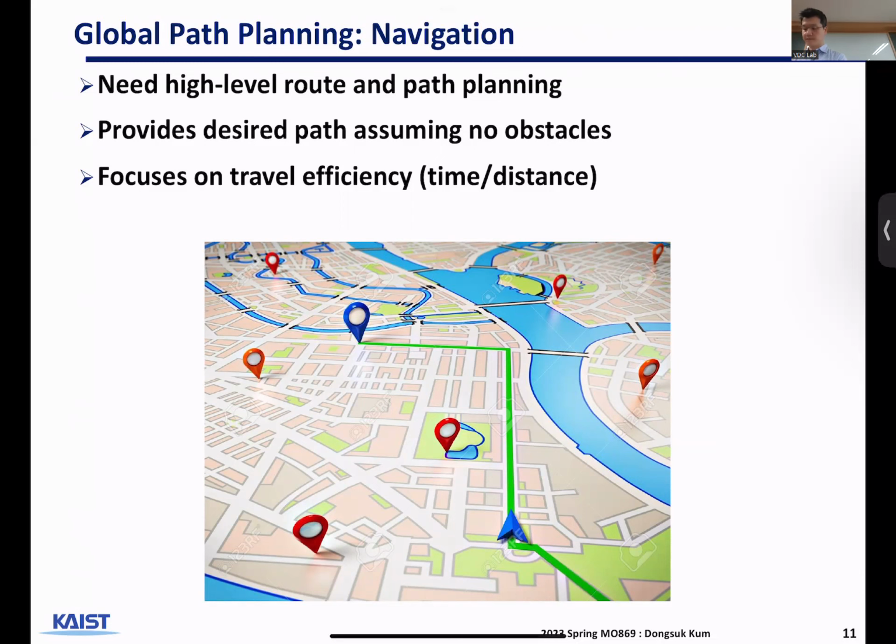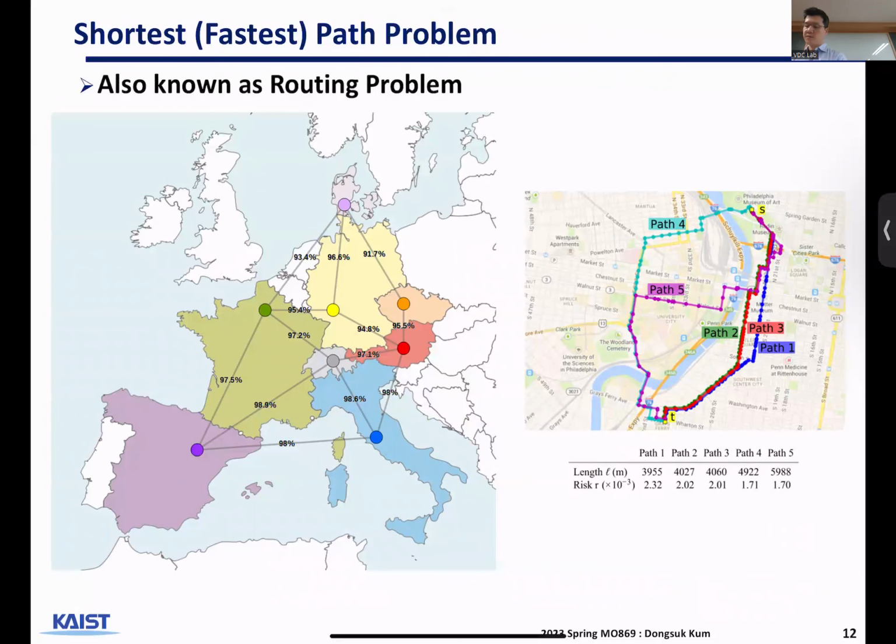When it comes to the routing problem, this is a very well-studied area, and one widely known problem is the shortest path problem. People developed different search algorithms to solve it. So we want to go from origin to destination.